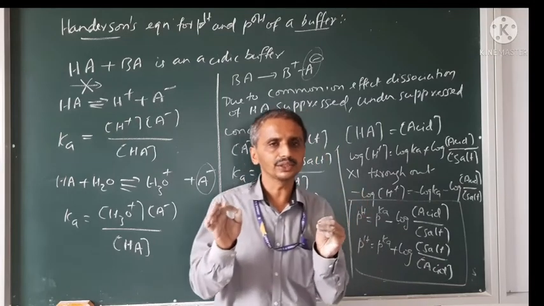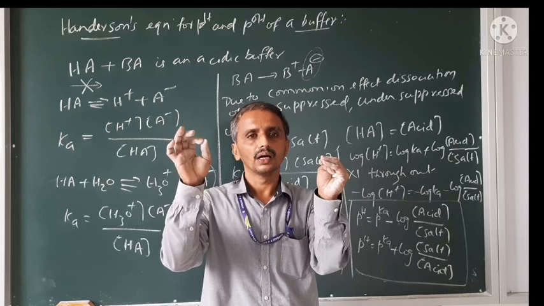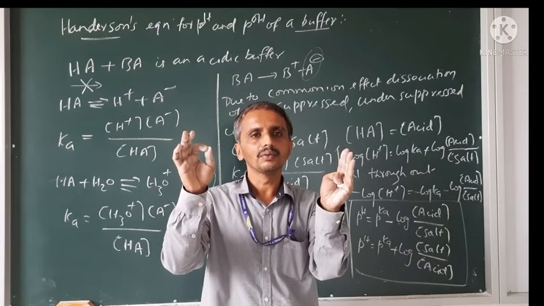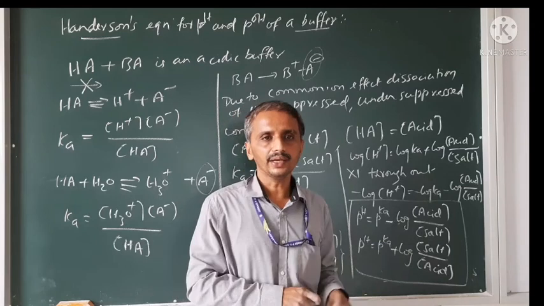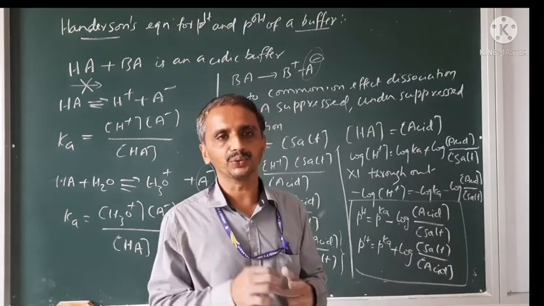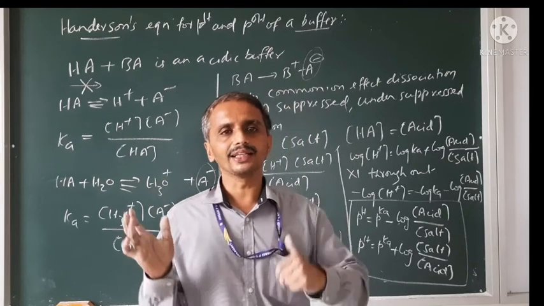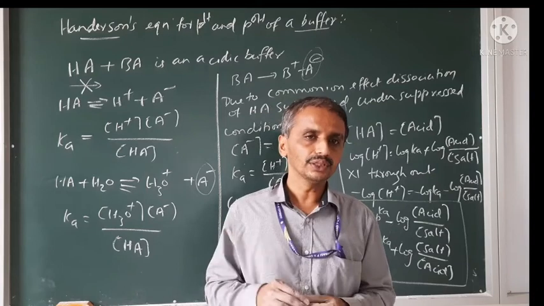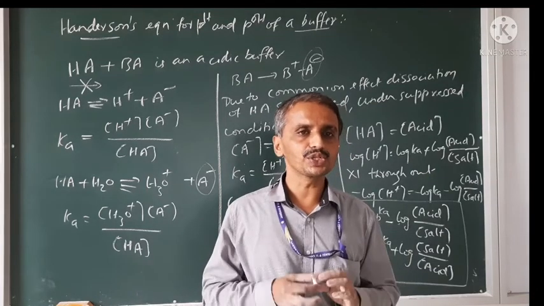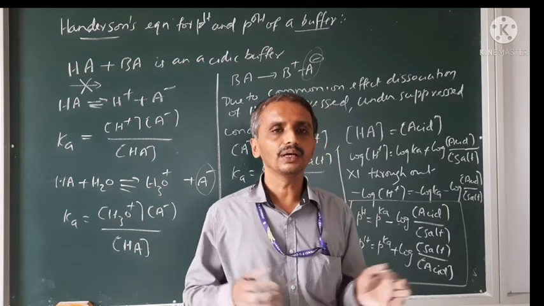See, they can ask like this. Among these, which will act as a strong buffer? A, salt by acid ratio is 5. B, salt by acid ratio is 20. C, salt by acid ratio is 0.0005. D, all of these.